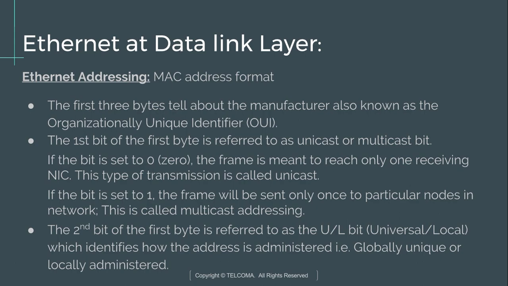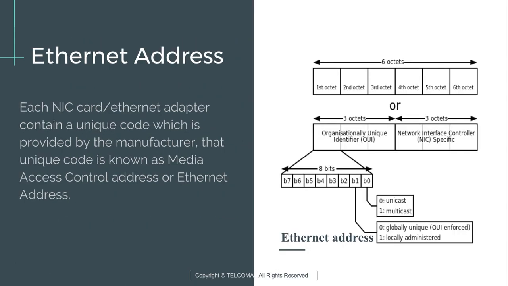The second bit of the first byte is referred to as the UL bit, universal local bit, which identifies how the address is administered. That is, it is administered as globally unique or as locally administered unique. So this is the type of Ethernet address. The first 3 bytes tell about the OUI bytes.